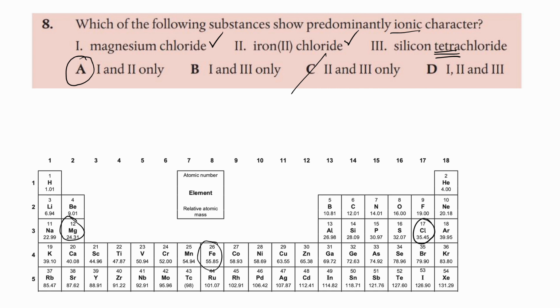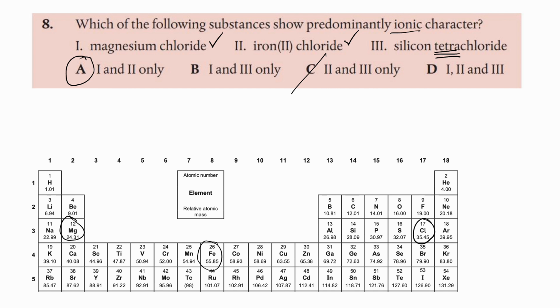Number one, because it forms covalent bonds rather than ionic bonds. And that's because silicon and chlorine have a very low difference in electronegativity, and they don't have enough difference in electronegativity to transfer those electrons. So instead, it's going to share those electrons with chlorine and form covalent bonds.